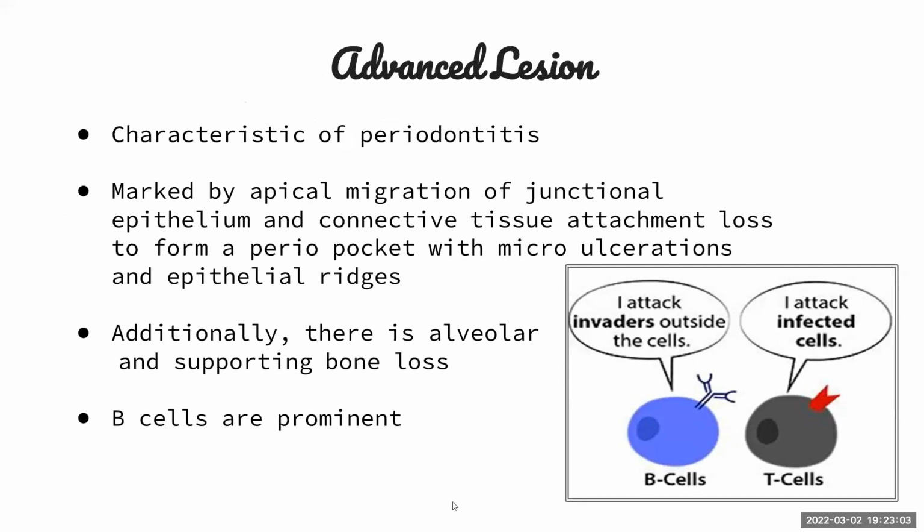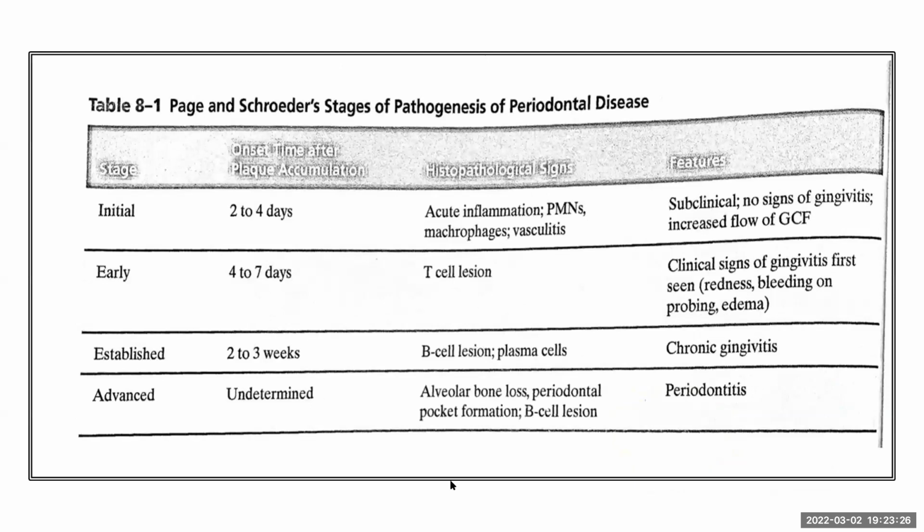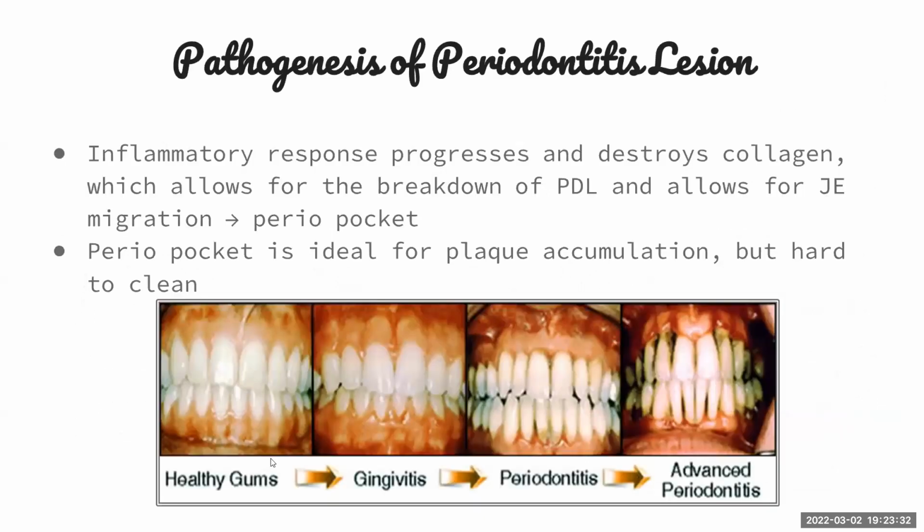Okay, apical migration of the junctional epithelium and connective tissue, attachment loss, to form a pocket with micro-ulcerations and epithelial ridges. That sounds familiar. There's alveolar and supporting bone loss, and it's B cell, B as in boy, cell prominent. All right, look at the book. This has everything you need to know. Table 8.1.